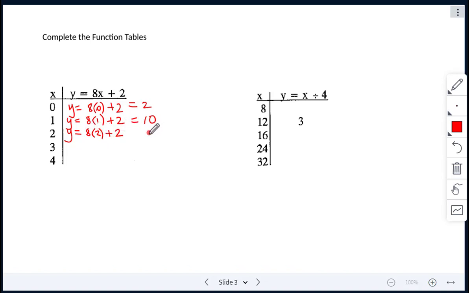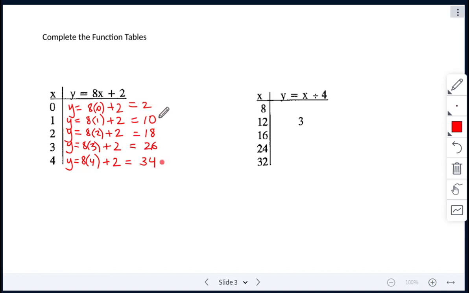So 8 times 2 is 16. 16 plus 2 gives me 18. 2 more to go. 8 times 3 is 24. Plus 2 gives me 26. And last one, we have 8 times 4, which is 32, plus 2, which gives me 34.